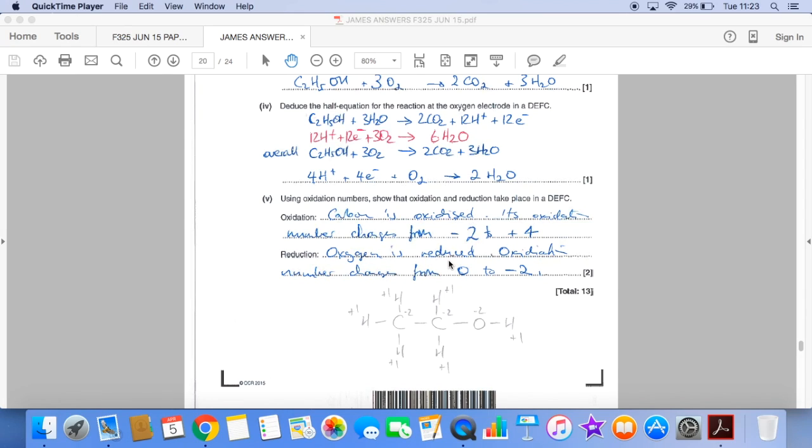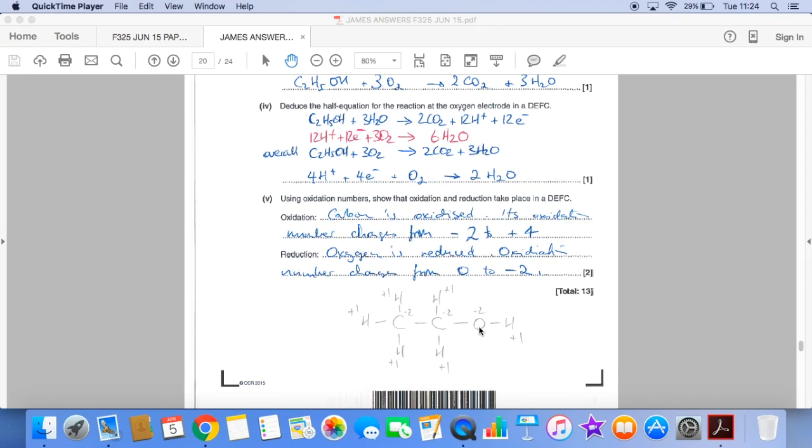The carbon's a bit trickier. Now, carbon in ethanol is actually in the -2 oxidation state. So you can see I've got in pencil here an ethanol molecule, and I've put all the oxidation numbers in. So the hydrogen, nice and easy, +1 for each hydrogen. We've got 6 of those, so there's +6 from those 6 hydrogens.